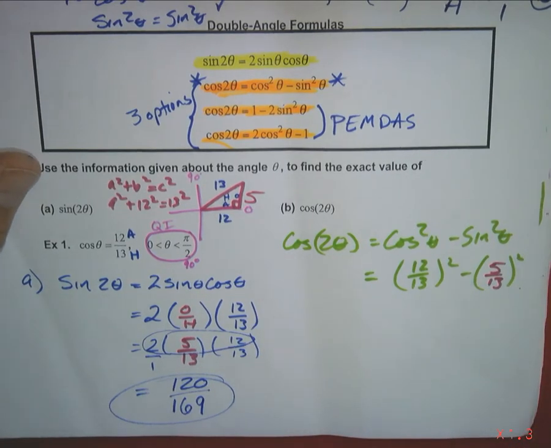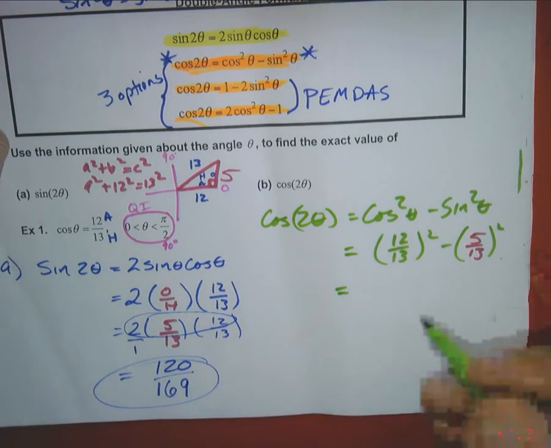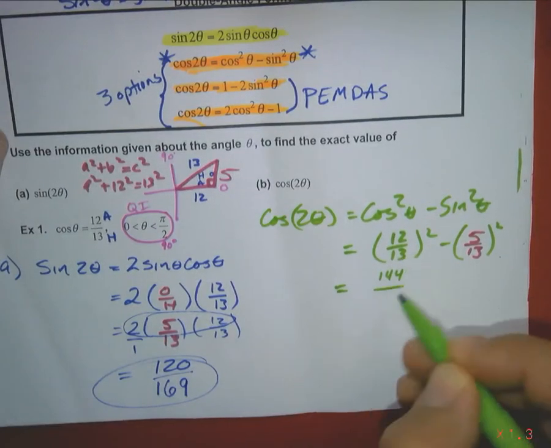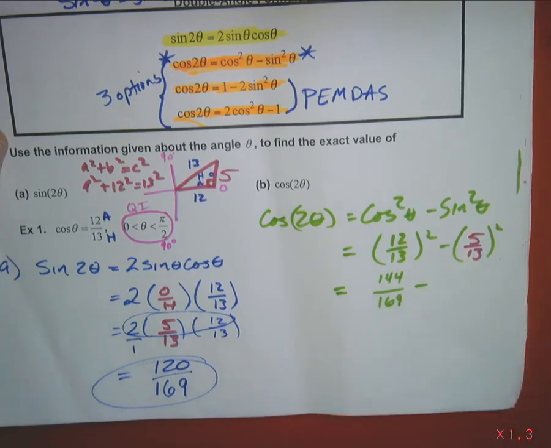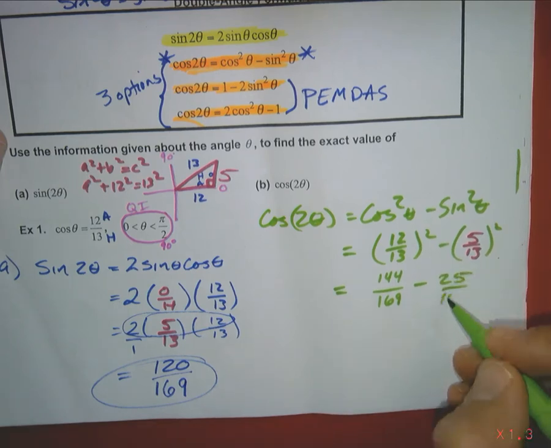And then we simplify. When you square a fraction, you square the top and square the bottom, or use your calculator. 12 squared is 144, and 13 squared is 169. Minus, notice the minus is on the outside, so it stays minus. 5 squared is 25, and 13 squared again is 169.